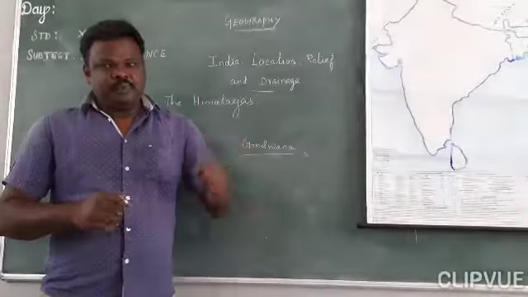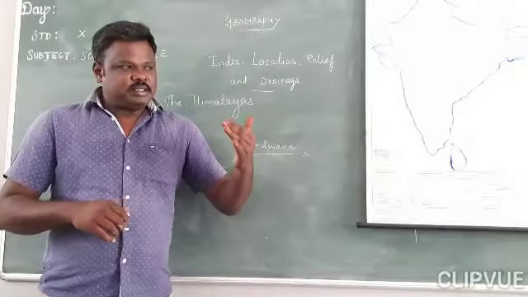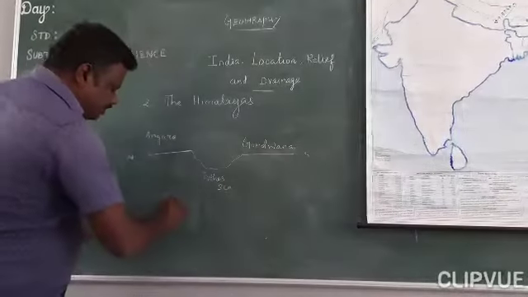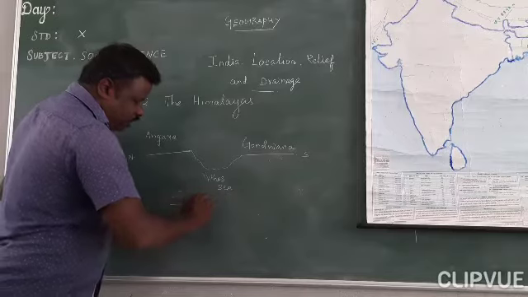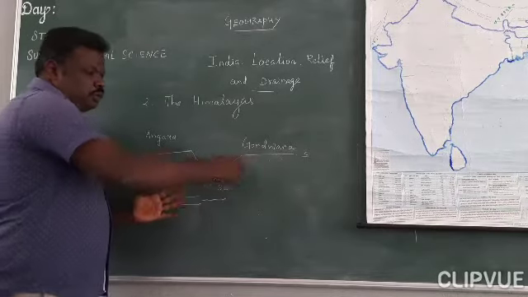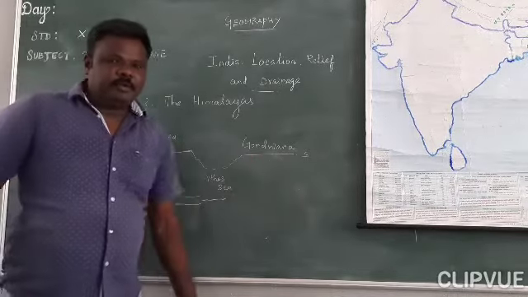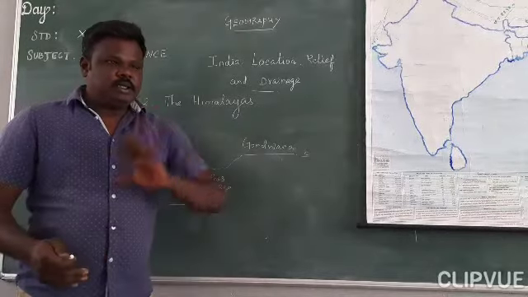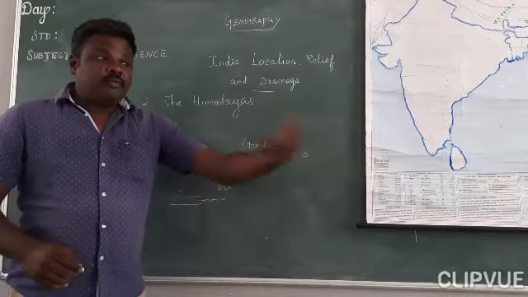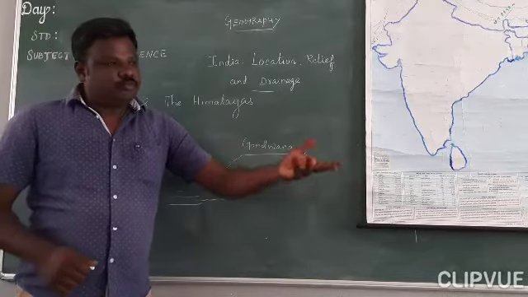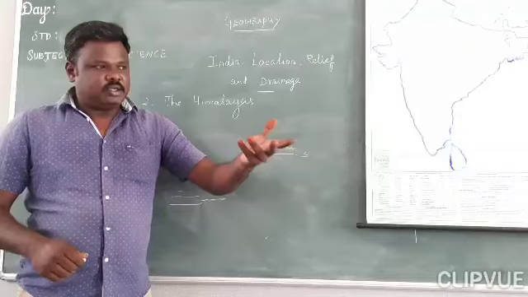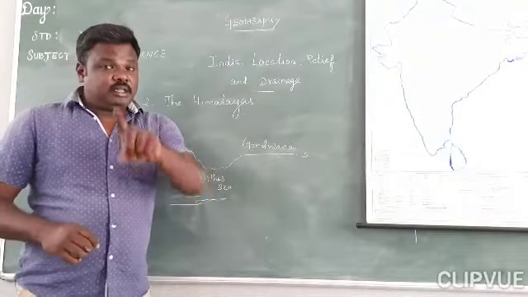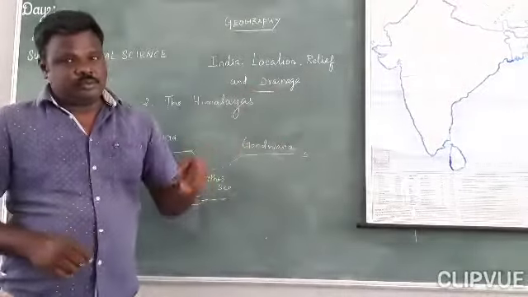Tectonic plates means, sir? Tectonic plates are like rock forms with a connection from one area to another area. For example, in Indonesia they often experience earthquakes, but the reflection will be there in India also.